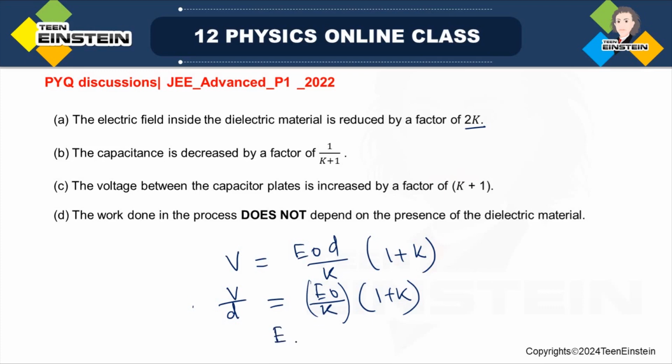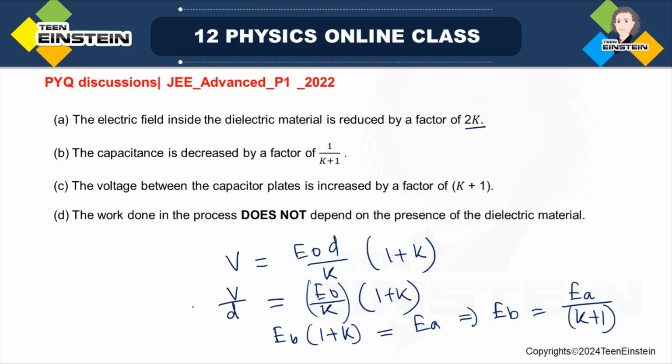So look, EB into 1 plus k or k plus 1, whatever you can write, that is equal to EA, right? Then I get EB is equal to EA by k plus 1, right?